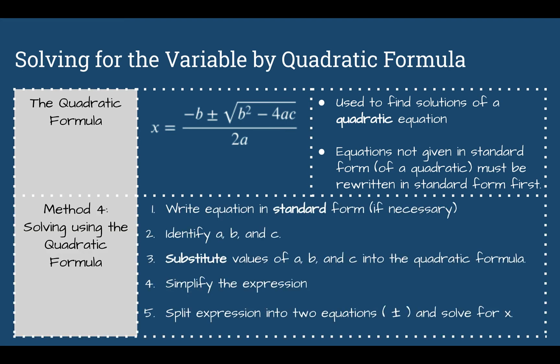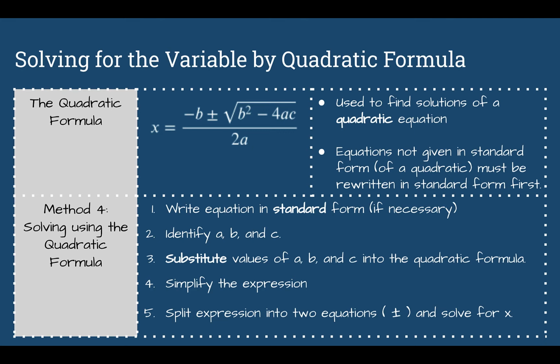The quadratic formula is the fourth method we are seeing of how we can solve our quadratic equations. So first, you need to write the equation in standard form if it's not already. Then identify a, b, and c. Those are your coefficients.